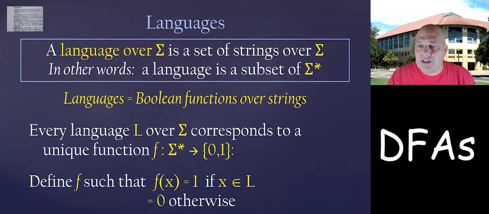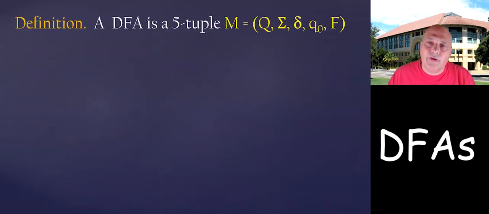So this is just a relation between functions and subsets. This is the indicator function of this language. And now we get to define DFAs more formally, and we'll define them as a 5-tuple.